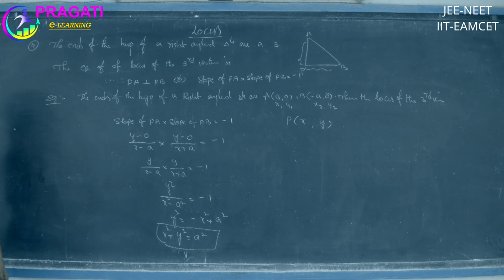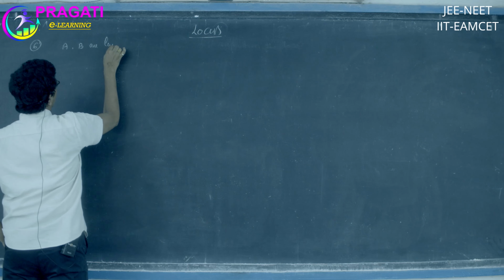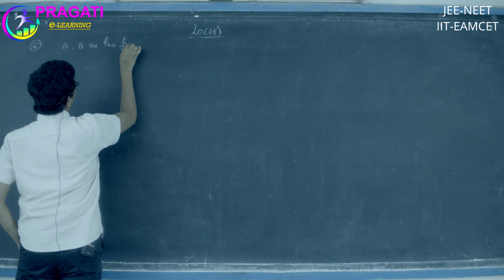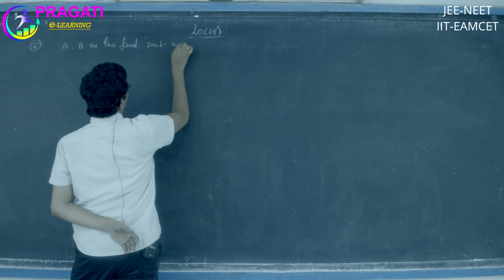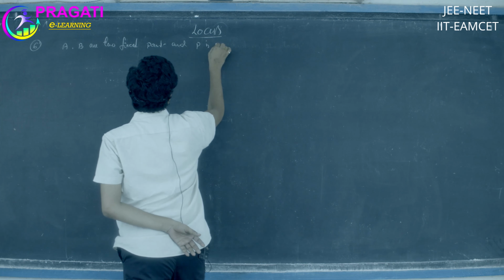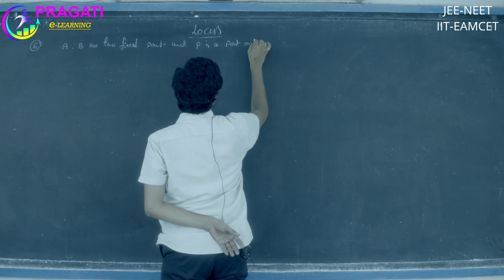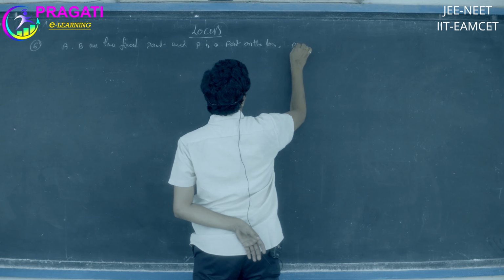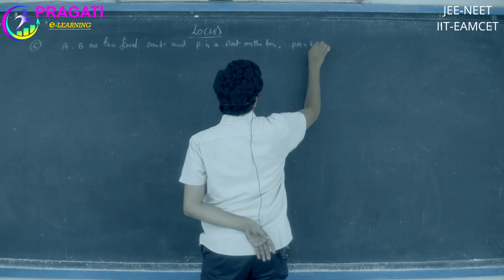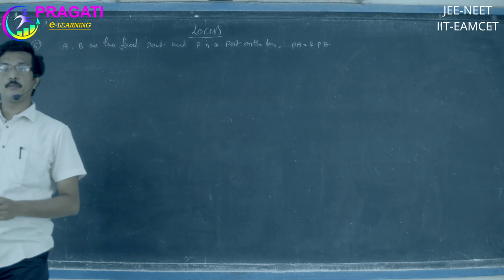Okay, and the next point is, A comma B are two fixed points and P is a point on the locus, and PA is equal to K into PB.